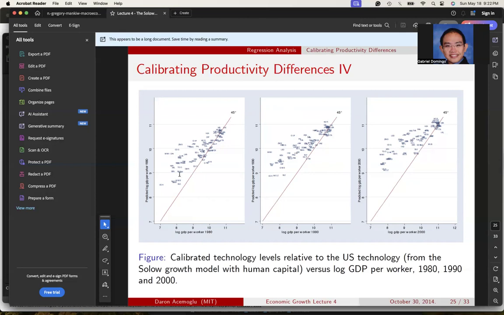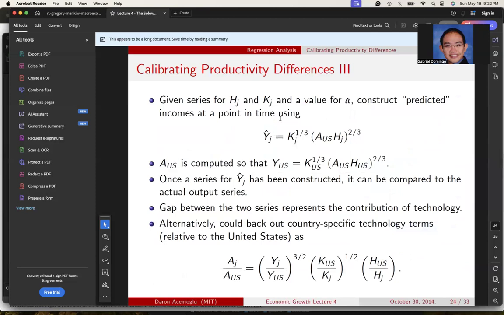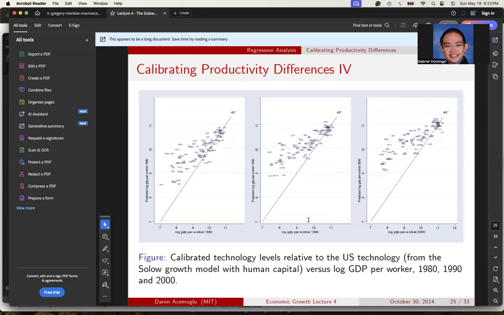And what this is saying is that the TFP that's necessary to make the real data agree with the production function specification that we have here will require basically that the TFP for other countries should be in fact much higher, right?